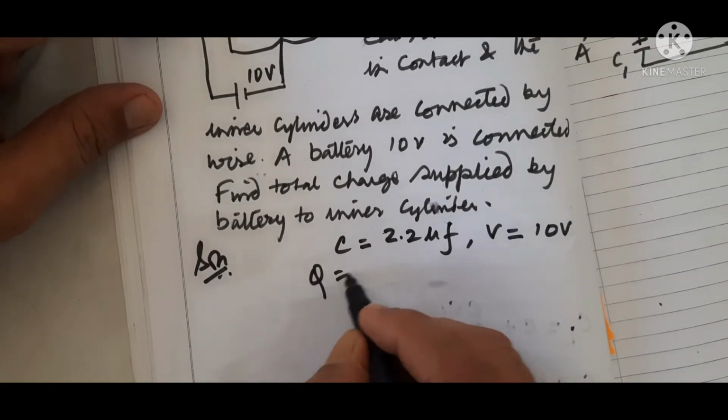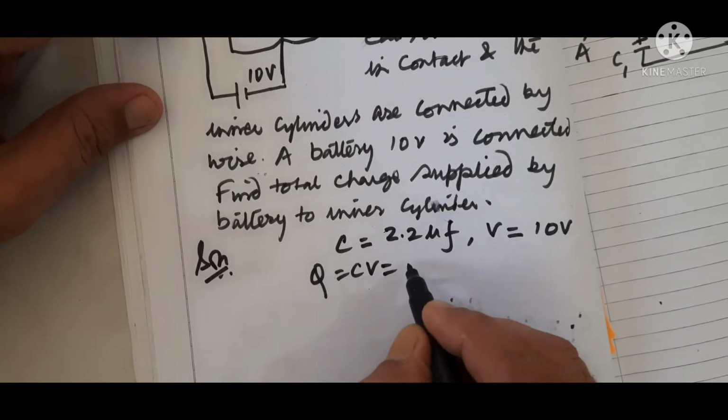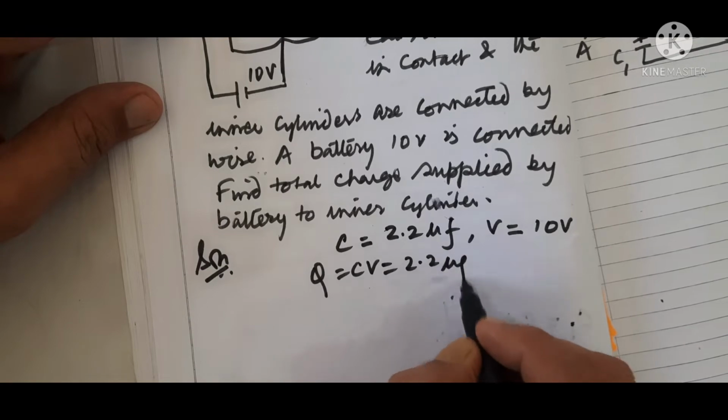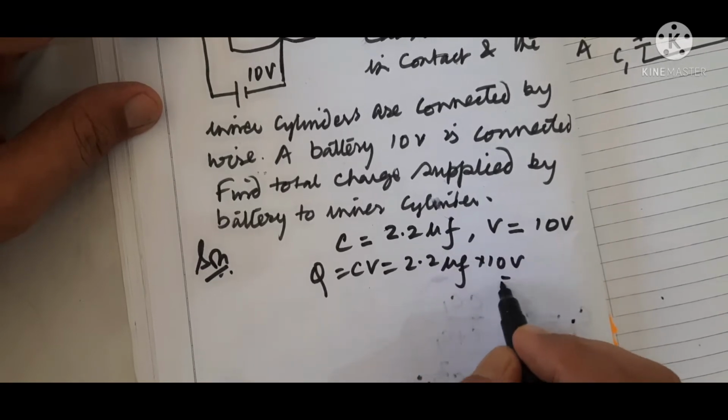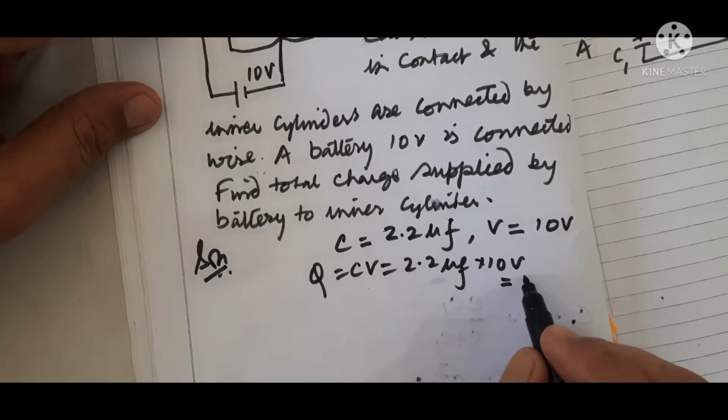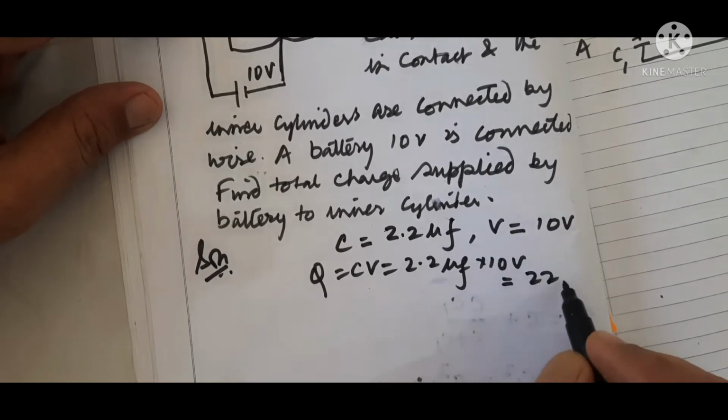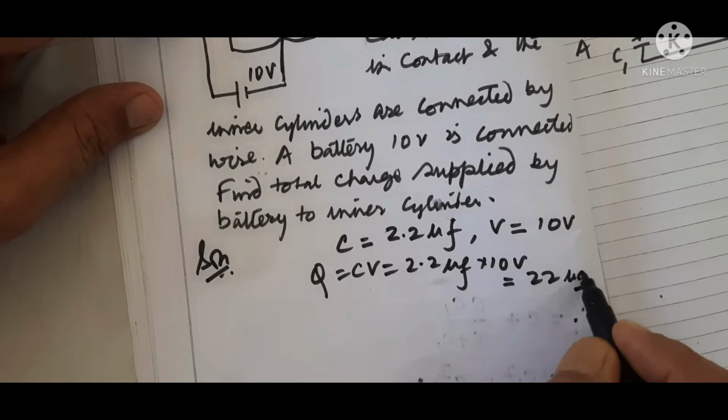So we know Q is equal to CV. So 2.2 microfarad into 10 volt, you will get 22 microcoulomb, that much charge.